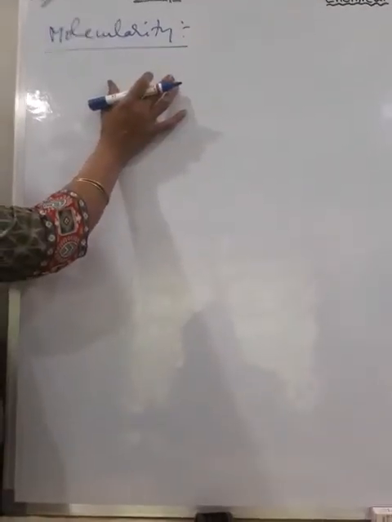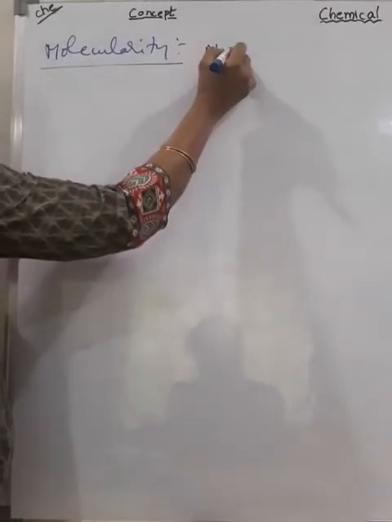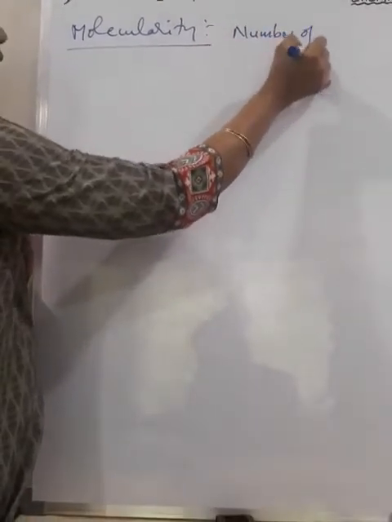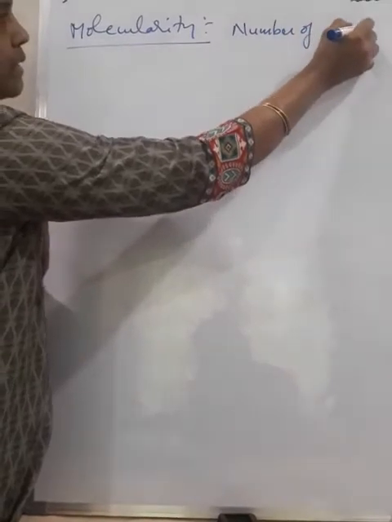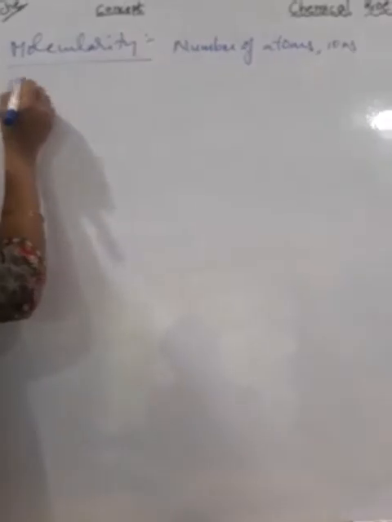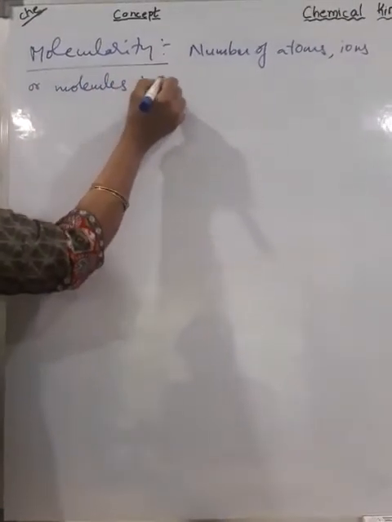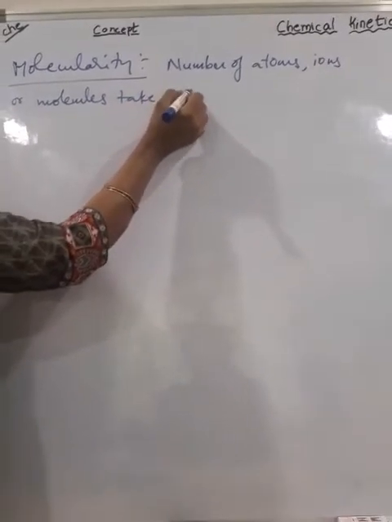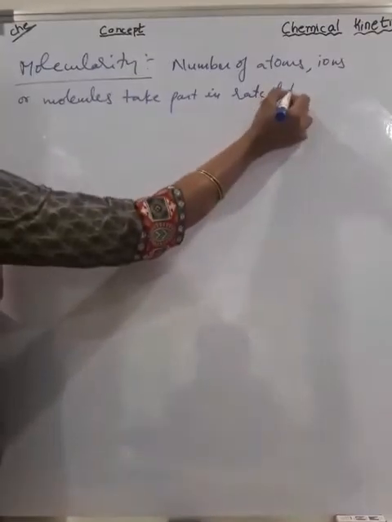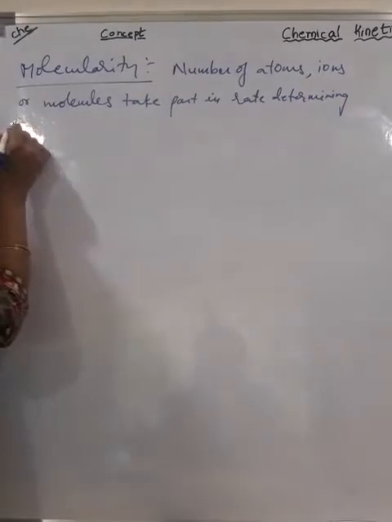So molecularity is the number of atoms, ions or molecules taking part in the rate determining step.